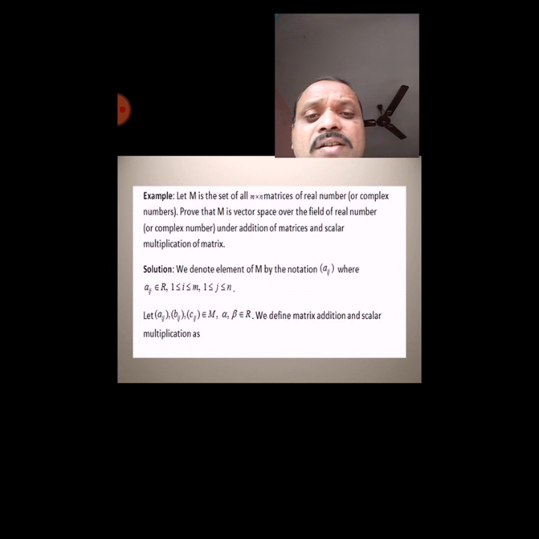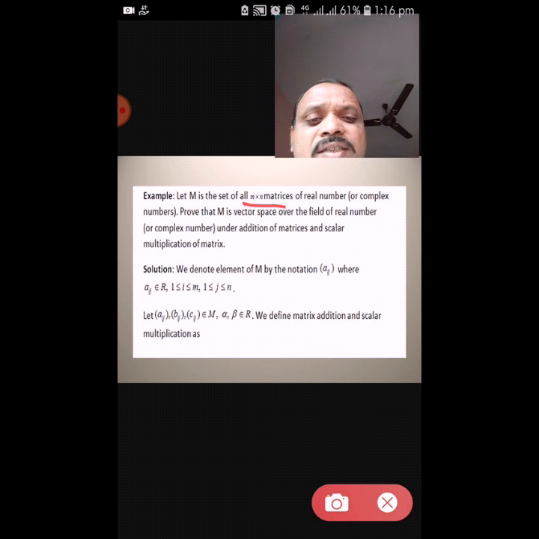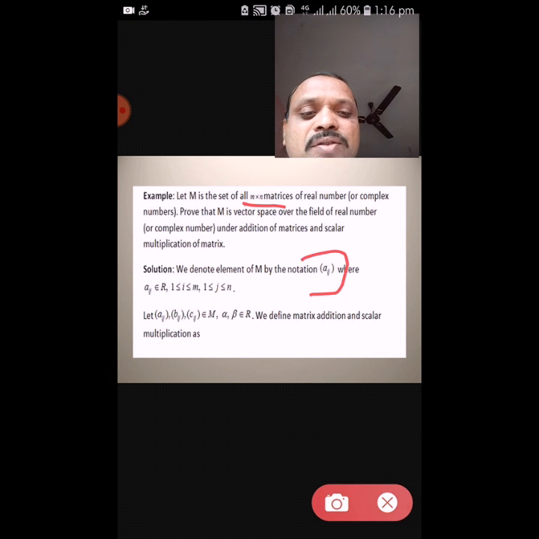Now again consider the example of the set of all m by n matrices of real numbers or complex numbers, and we can see that all the properties of vector spaces are satisfied. We know how to add matrices. Addition is component wise, and in short we use this notation to denote a matrix, Aij.